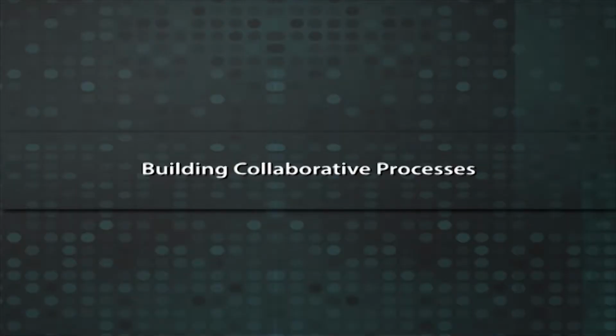Building collaborative processes. A good leader will provide the staff opportunities to participate in the decision making process. By encouraging participation of the staff, the leader helps others to accomplish shared goals while addressing individual concerns.